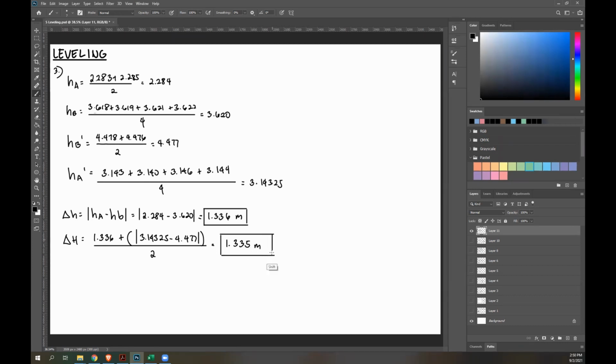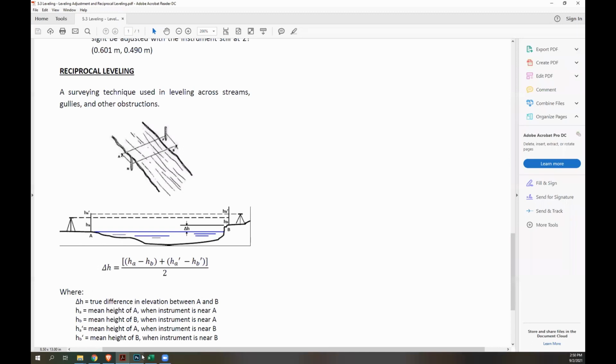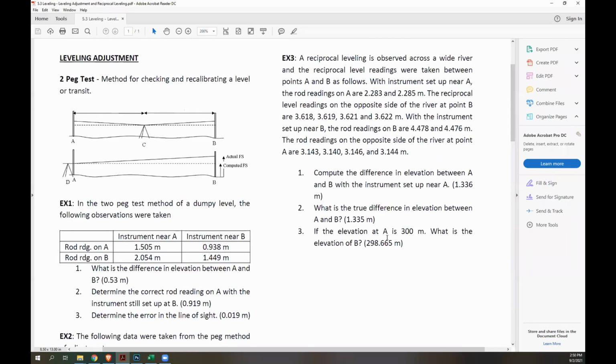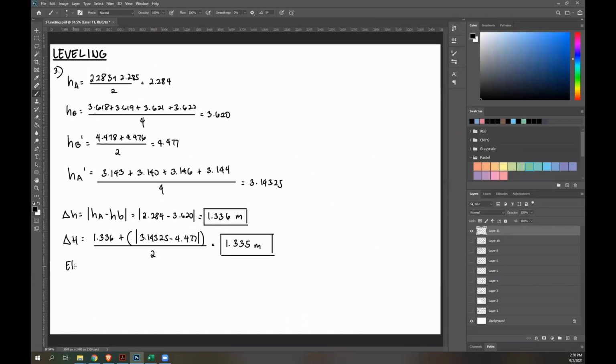And then finally, if the elevation at A is 300, what is the elevation at B? So elevation at A is 300. So to get elevation at B, that's just 300. Now here, you have to determine is that plus or minus. So to figure that out, you have to know which one is at higher elevation.